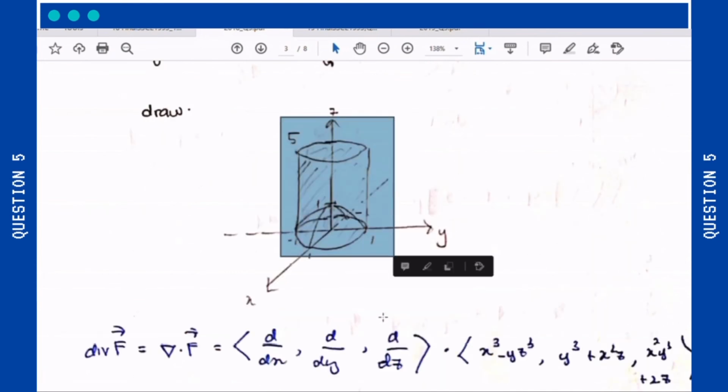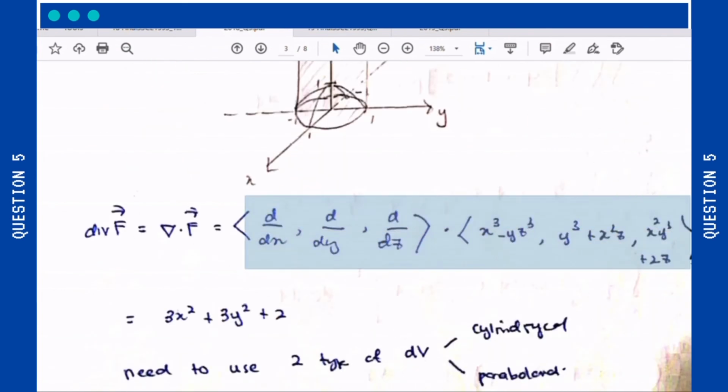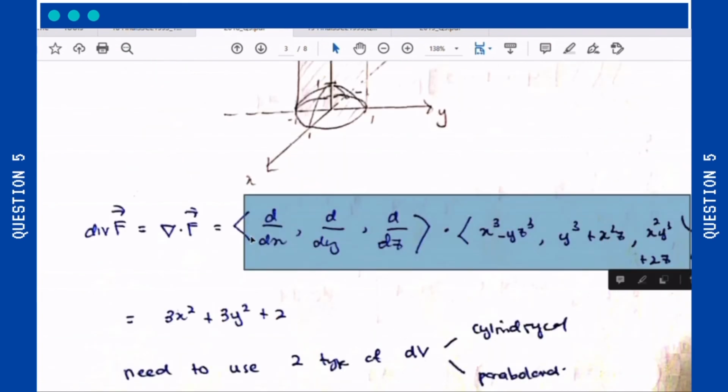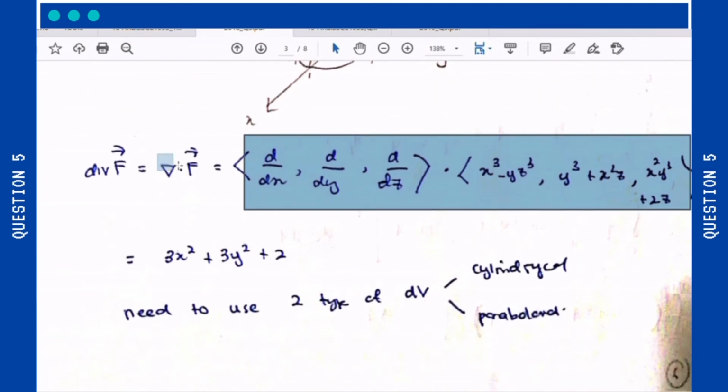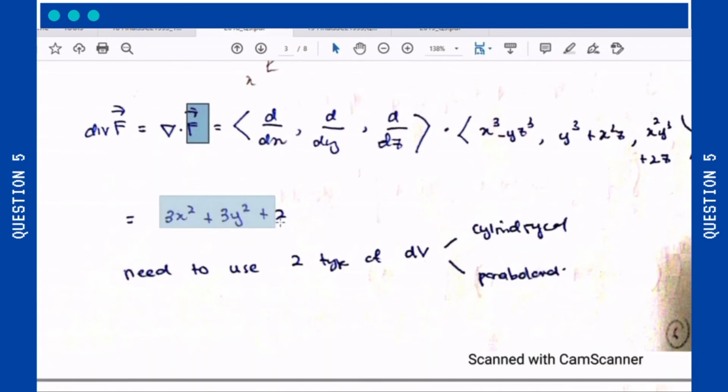After we draw, we find the divergence of F first. Using this formula, we already know the product of this and function F, and we will get it here.